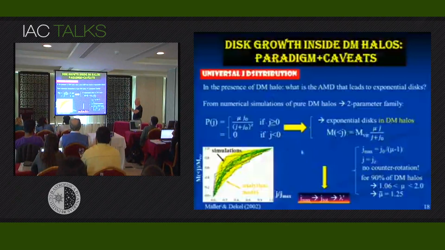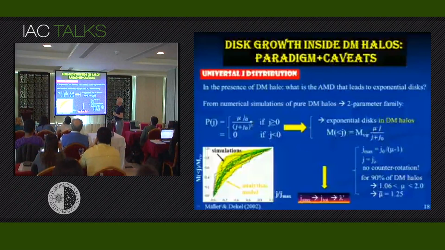Now, there are assumptions here. First, all the matter should go in one direction, so no counter-rotation here. You also assume that all the angular momentum is correlated, which means all the baryons have the same direction, the same z-axis.